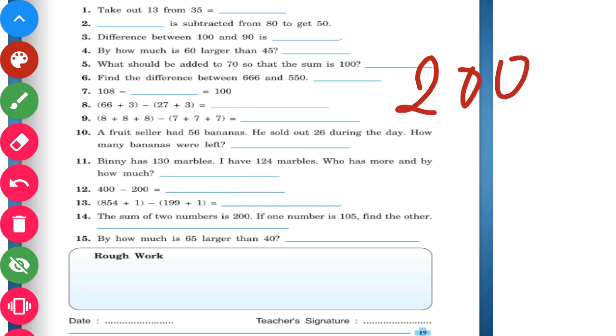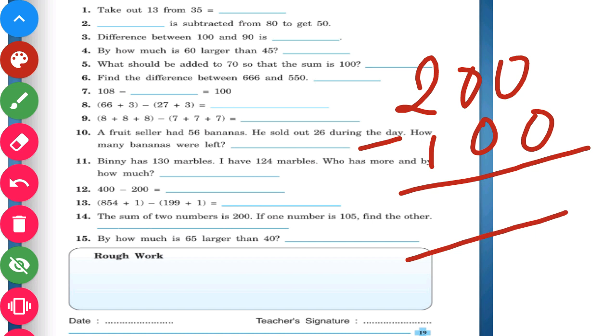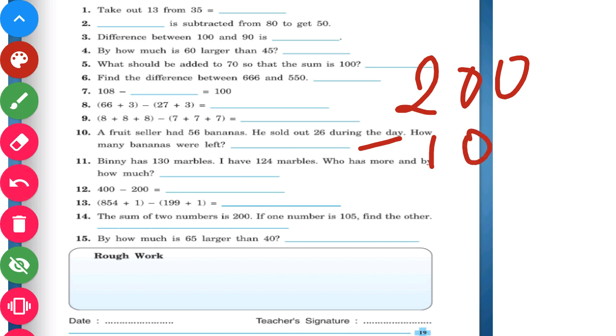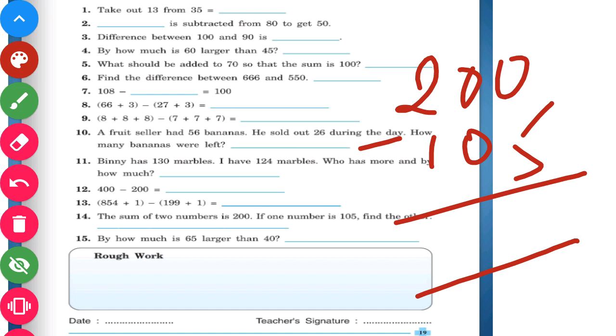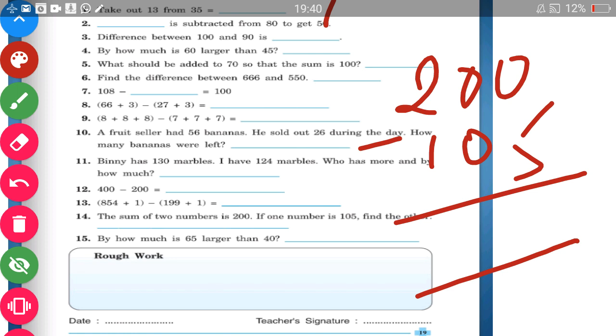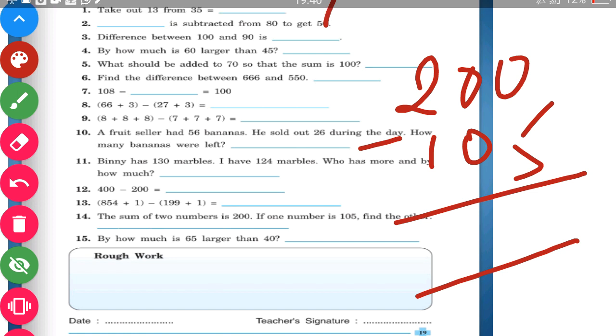200 minus 105. Okay, now let us solve this question. Now we will start from ones place.